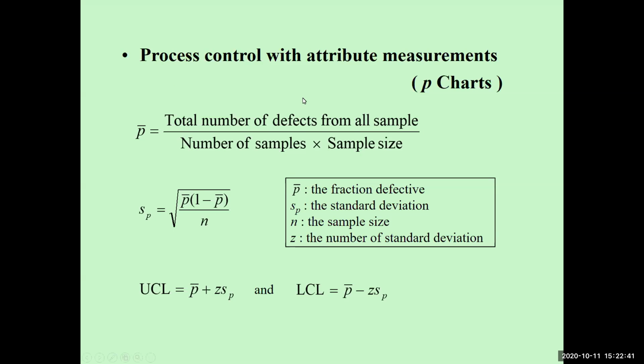If data is an attribute, such as defect, the number of defects, percentage or probability, then we develop a p-chart, probability chart, using this formula to define UCL, upper control limit, and lower control limit.